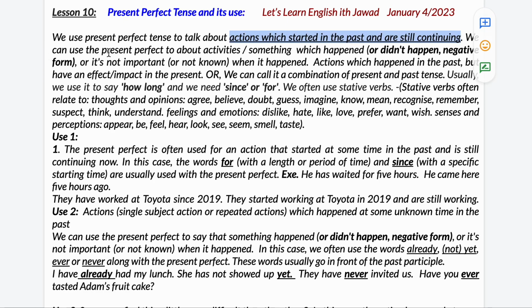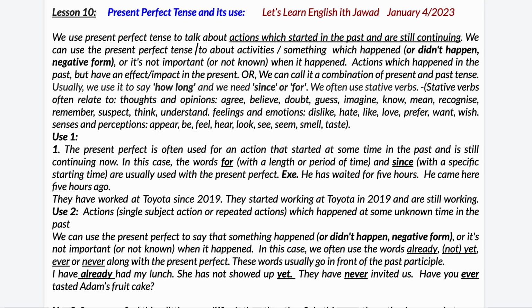We can also use the present perfect tense to talk about activities or something which happened or did not happen. That's a negative form. Or it's not important or not known when it happened.